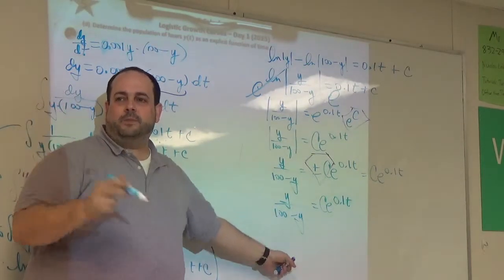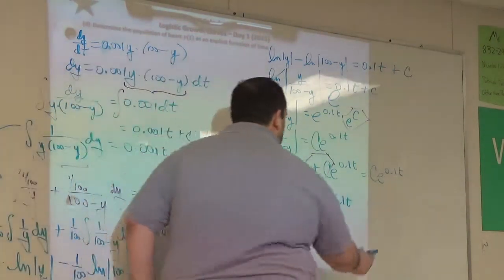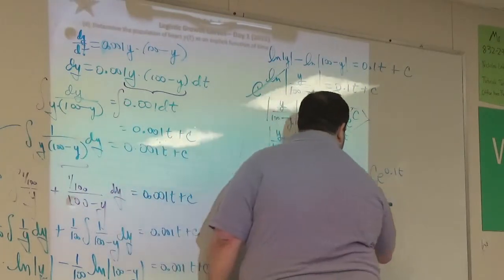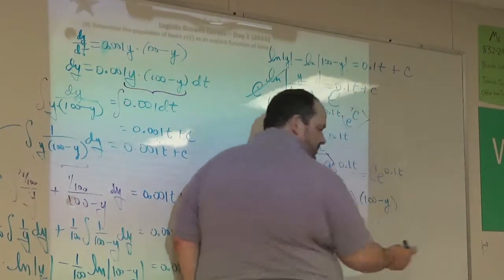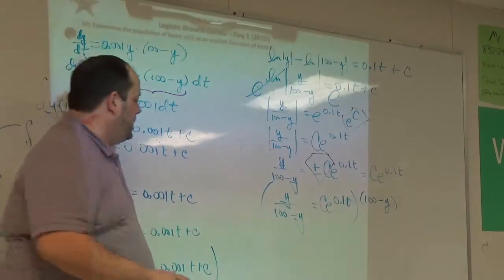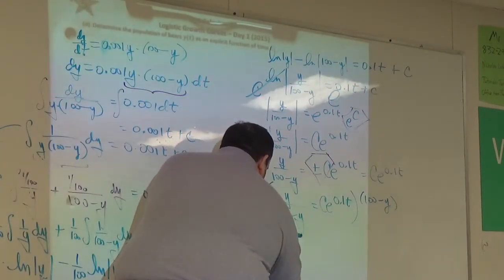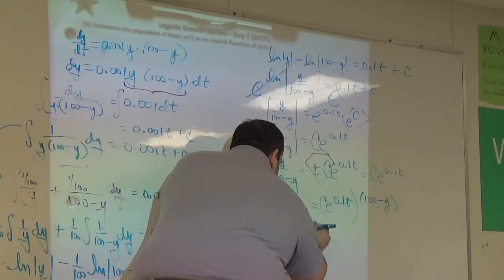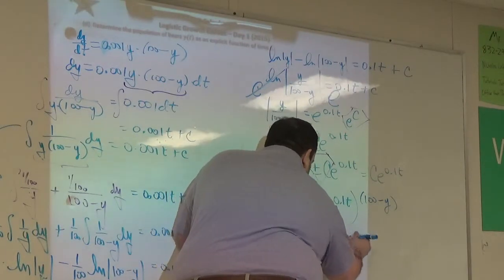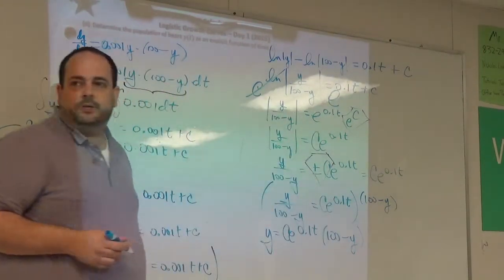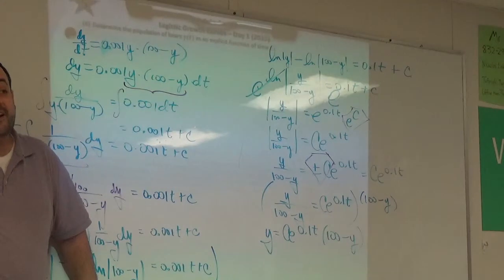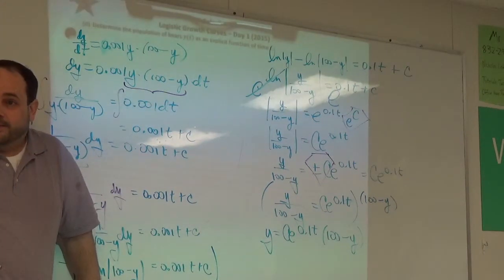I'm going to multiply both sides by 100 minus y. Spoken like a fraction killer. Or cross multiply if you want to say it that way. So on the left you have y. On the right, c e to the 0.1 t times 100 minus y. But now I've got a y on the left and a y on the right.